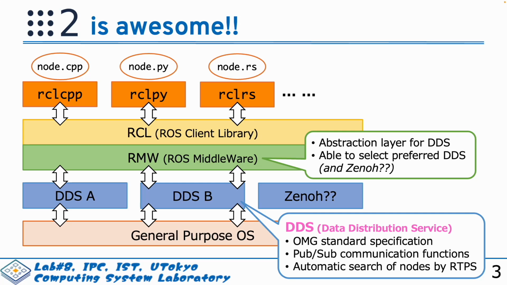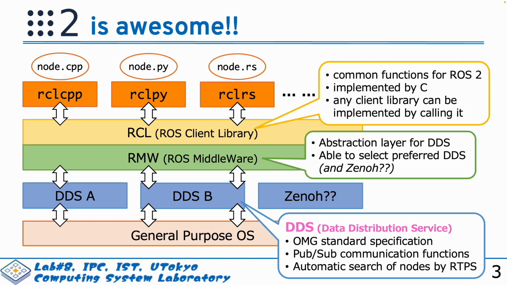And of course, we were very surprised and excited when the ROS2 TSC announced that Zenoh would be a new target for RMW support. But please focus on the RCL layer for now. The ROS client library provides common features for ROS2. This layer is implemented in C, so we can implement a client library for any programming language by calling this C layer.